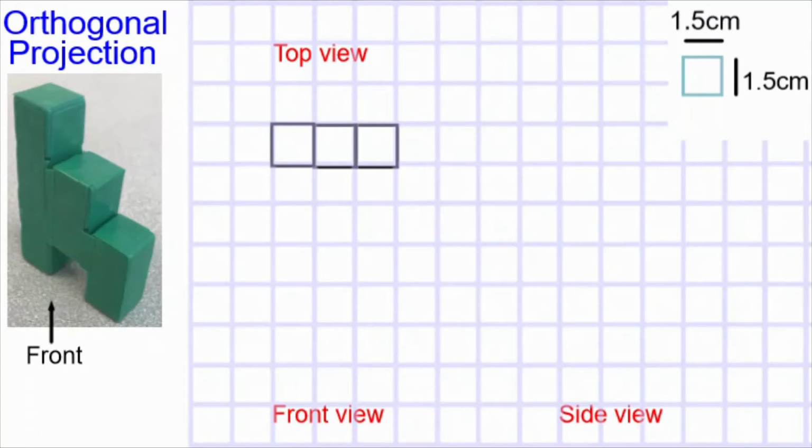The front view is the most complicated of this. Now, I have this indication that this side is considered the front for this object. So I need a 6 centimeter line for the left side over here. So now we've gotten started.